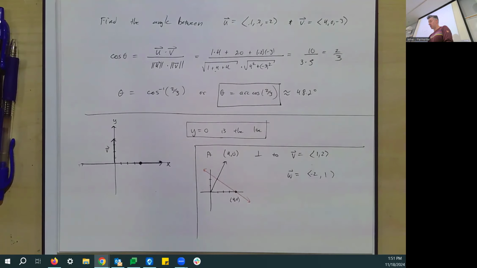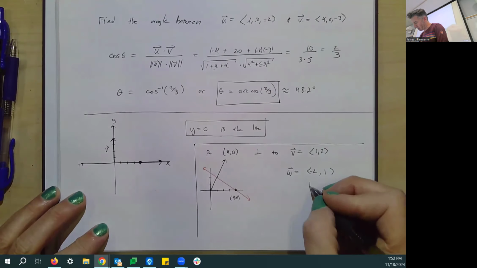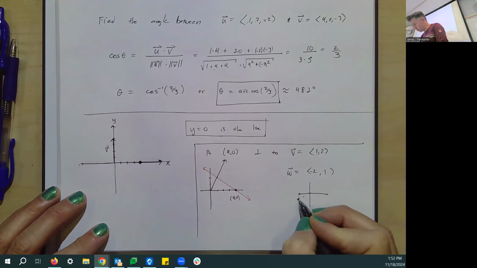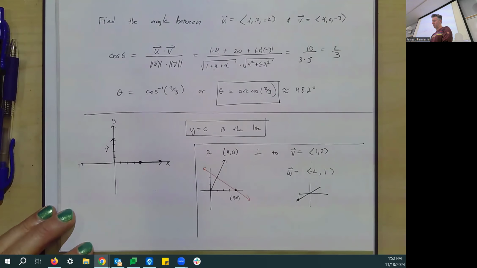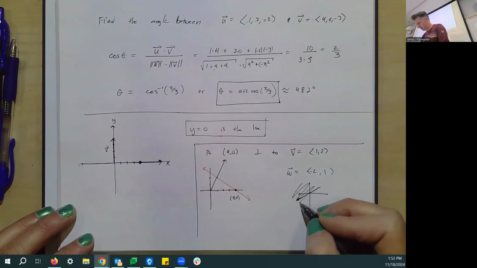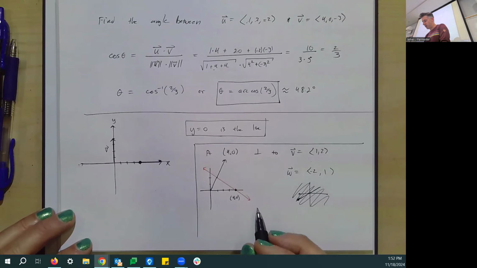And then we can find the slope by saying, well, okay, we're going left 2 and down 1. So that has a positive slope, right? That doesn't seem right. I feel like I've done something terribly wrong here. Oh, I said left 2 and down 1, but that is left 2 and up 1. Ugh, terrible. I should have looked at my picture over here, right?